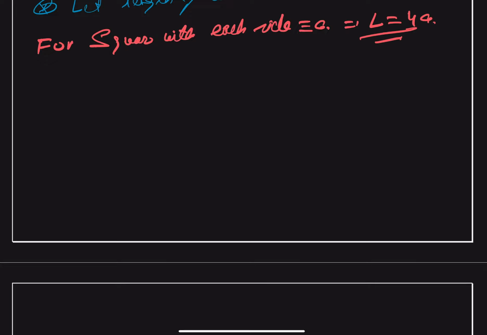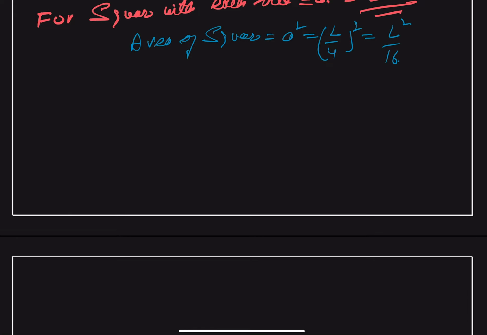And for area of square will be equal to our A square, and this we can write as our A will be now L upon 4. So this comes L upon 4 and its whole square, giving us L square by 16. So magnetic moment of square, that is our M, is our I L square by 16.